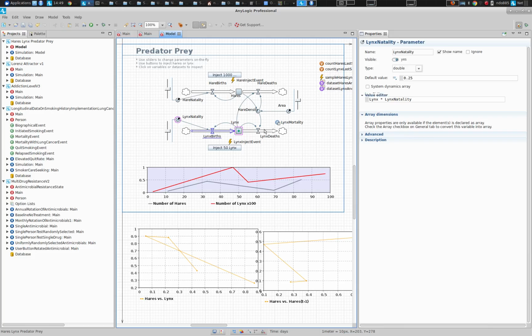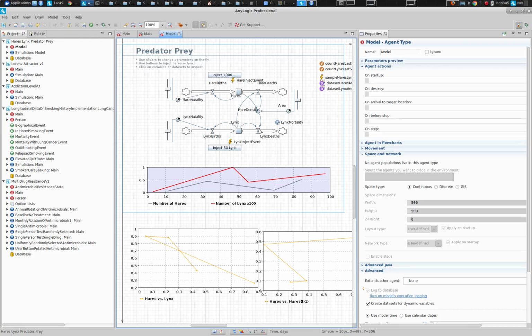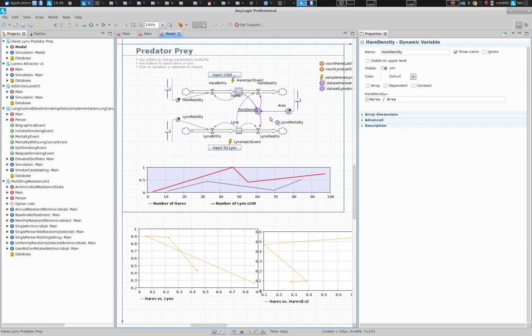And lynx deaths are determined by the number of lynx, but instead of being a fixed chance per unit time, it's going to depend on the number of hares in the area. So the hare density, not hares as in your head, but hares as in the small lagomorph, the small animal, okay? Similarly, hares undergo births with a fixed rate, but their deaths are determined by lynxes being around, okay?